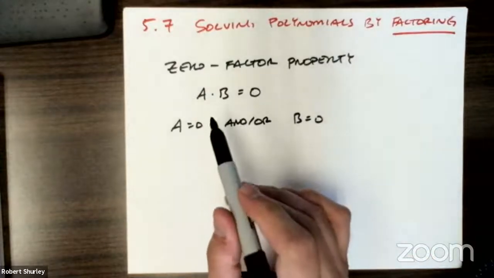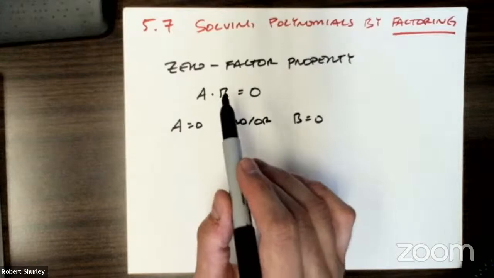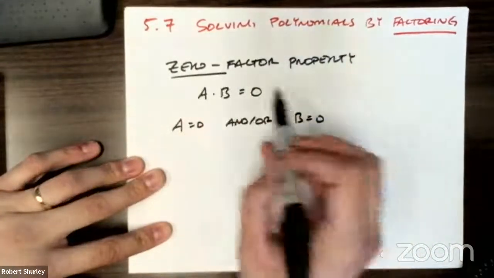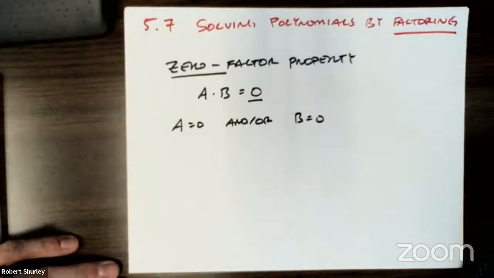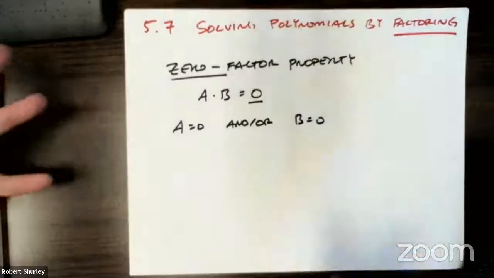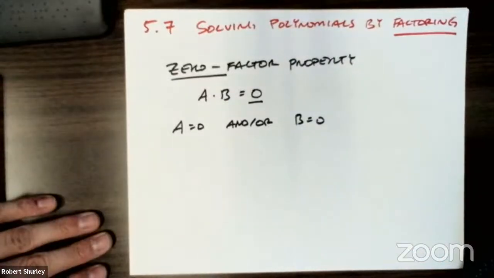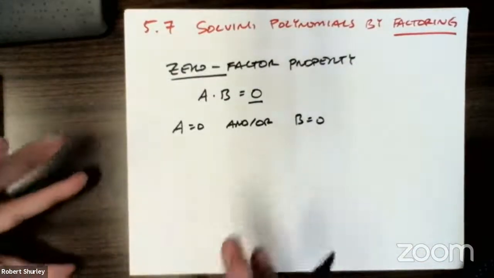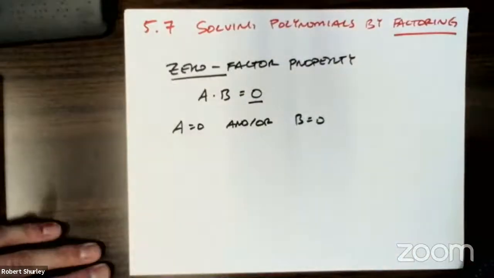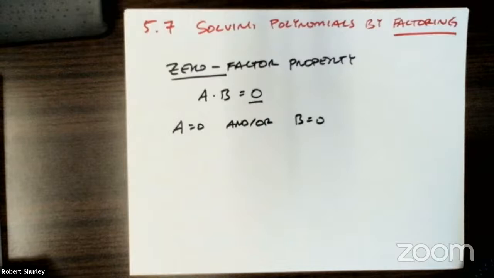So the goal here is to get one side equal to zero, because you cannot do the zero factor property unless one side is equal to zero. Then you factor the non-zero side and set each factor equal to zero and solve. The solving really isn't that hard. It's going to be the factoring, especially if you have not done the homework over the last few sections.